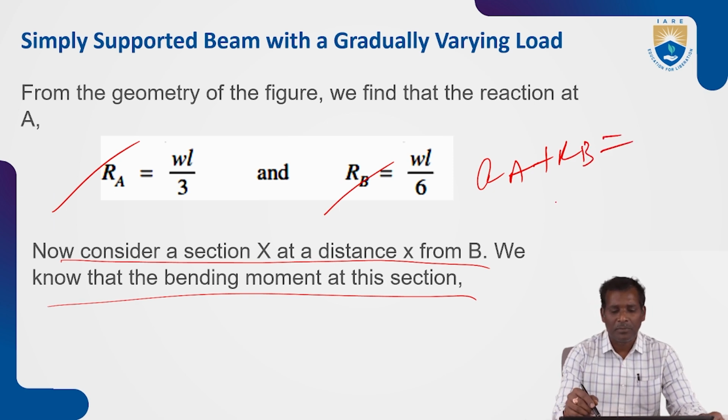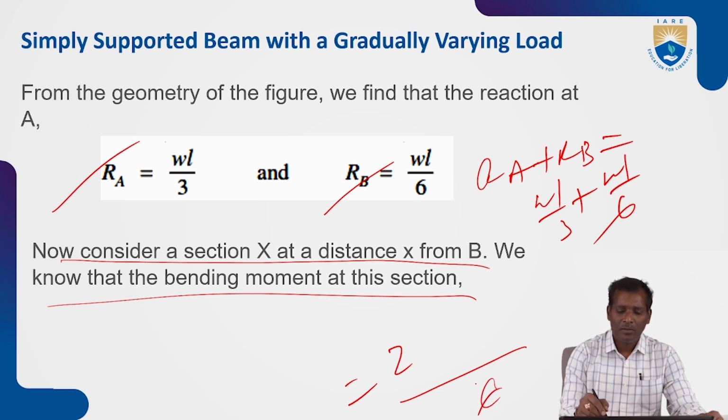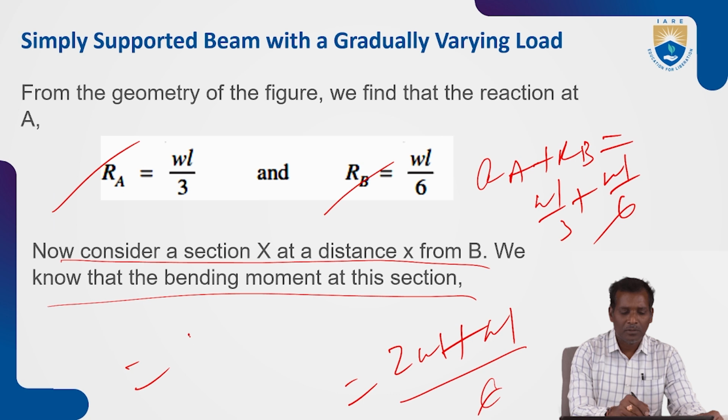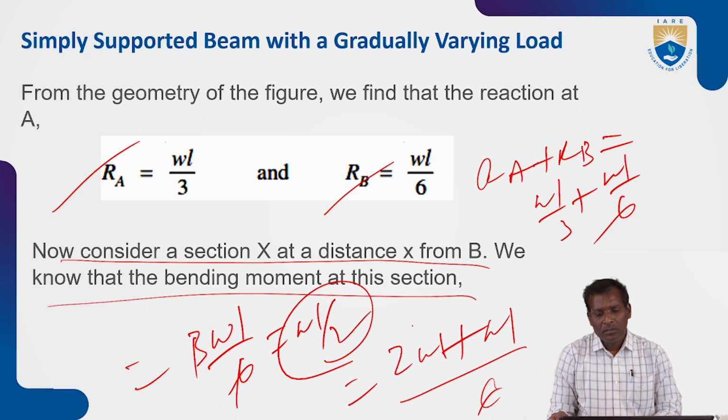That is, RA plus RB is equal to WL by 3 plus WL by 6, which is 2WL plus WL by 6, so 3WL by 6, which gives WL by 2. So RA plus RB is equal to WL by 2.